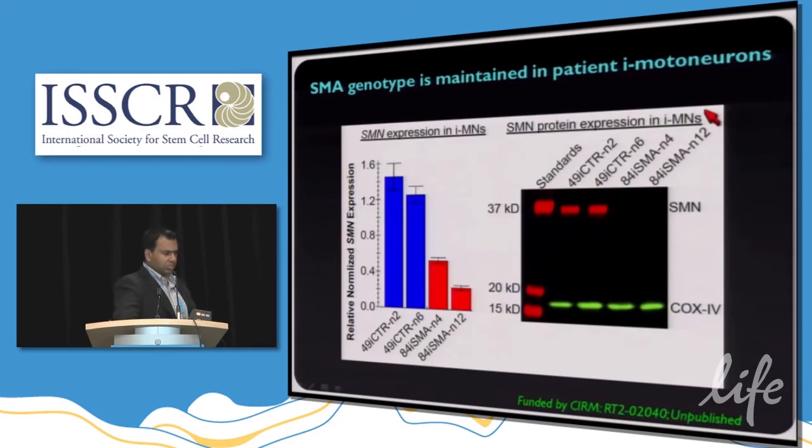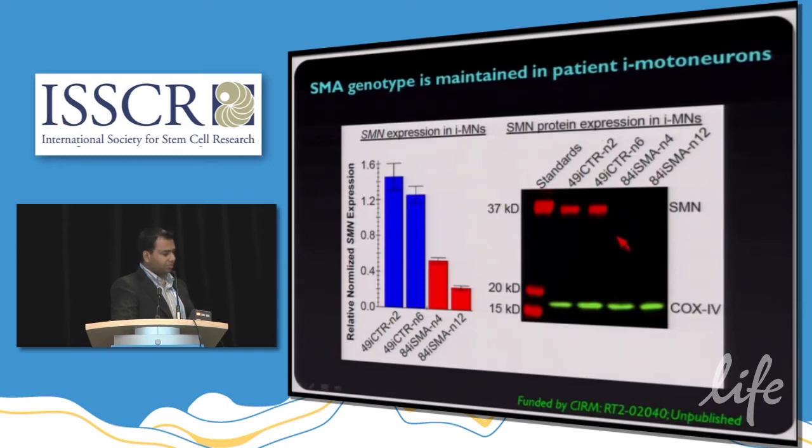The second goal is to show that in the motor neurons they still have this phenotype, where the SMN protein is downregulated and the SMN transcript is still downregulated. The goal is to get this SMN protein back to normal levels, and we want to use that SMN assay, the gem assay, as a surrogate for finding novel drug candidates.